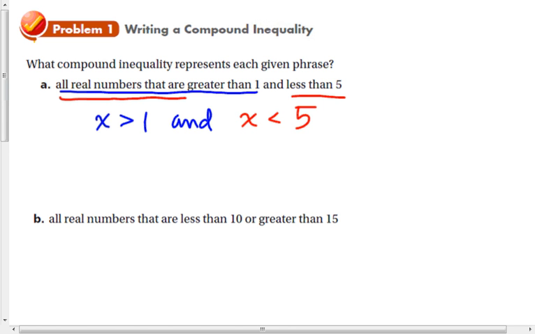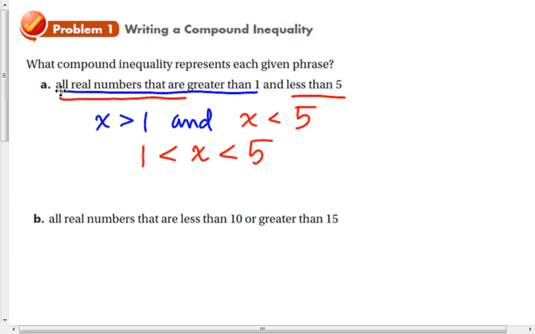So we can write that in a different way. We can put 1 as the lower part, and then all the real numbers will be greater than that, and all the real numbers will be less than 5. So we can combine the "and" into one inequality like that.